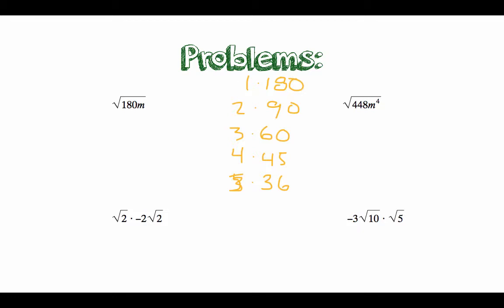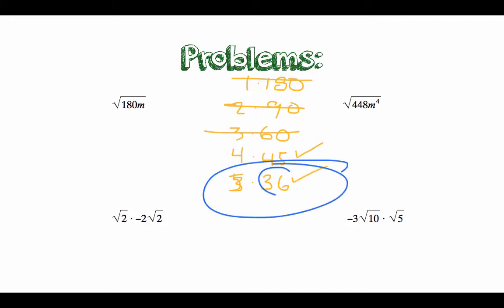No perfect square, no perfect square, no perfect square, perfect square, perfect square. Our biggest perfect square is this 36 right here. So this is 180 broken up into the square root of 5 multiplied by the square root of 36, and when we break that down, we get 6 square root of 5 as our answer.